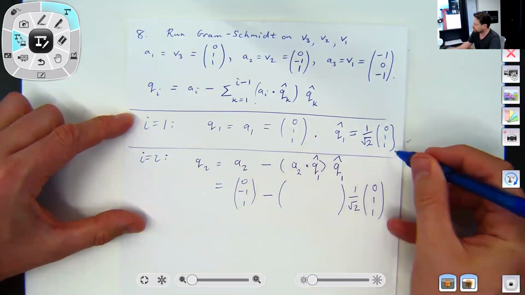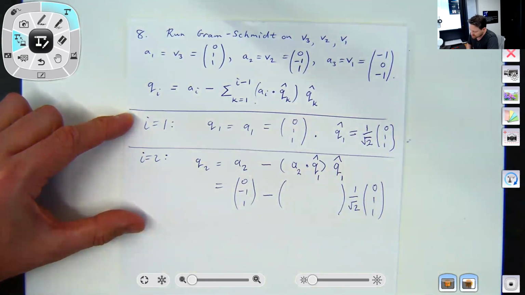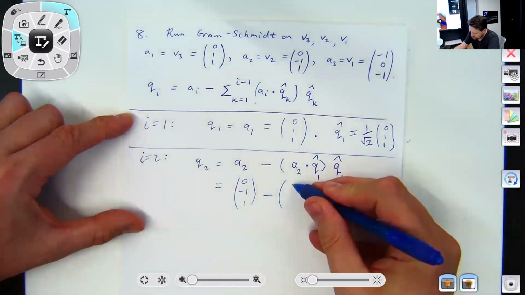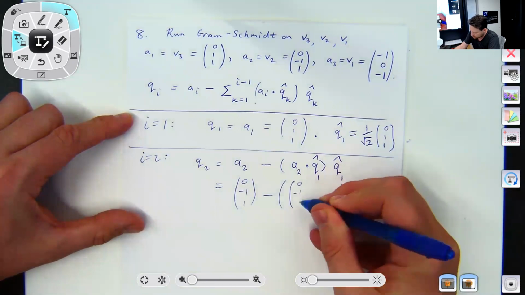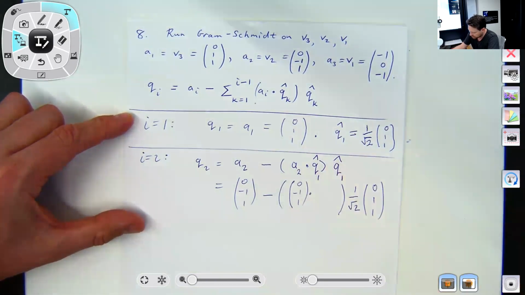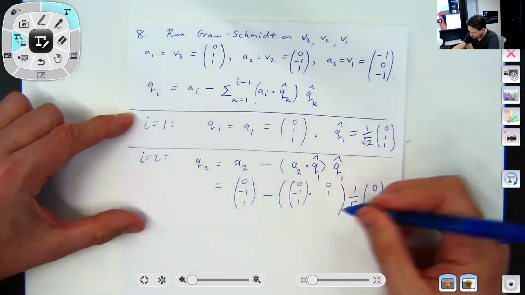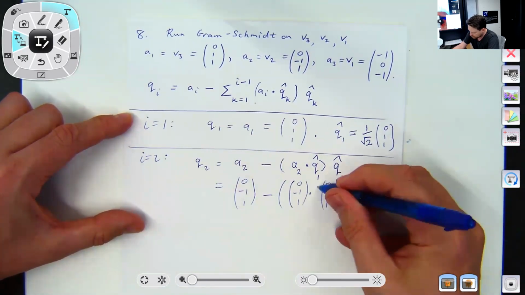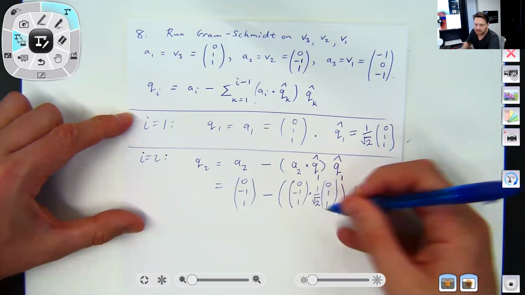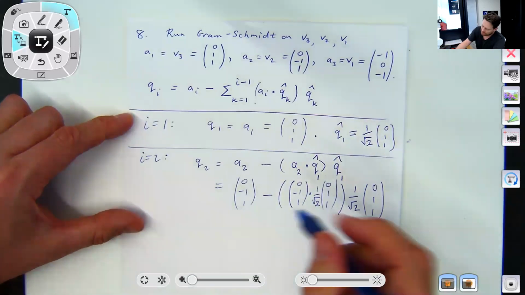A2 is this one, so let's put it in: 0, minus 1, 1. Then we're taking the dot product with 0, 1, 1, with a 1 on root 2 in the front. That scalar can come all the way out here if you want.